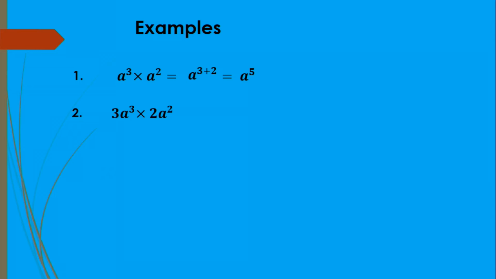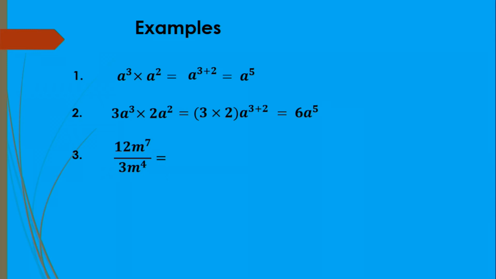So in this case, you need to multiply these two numbers first, that is 3 times 2. Then we apply multiplication law to a power 3 and a power 2. Applying multiplication law, you will have a power 3 plus 2. So the final answer is 6a power 5.